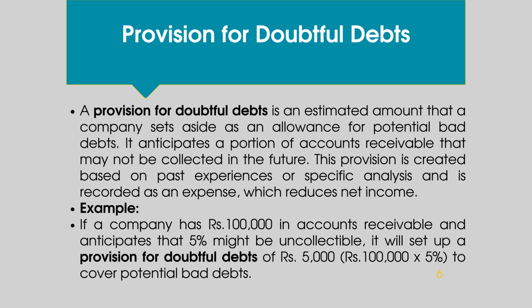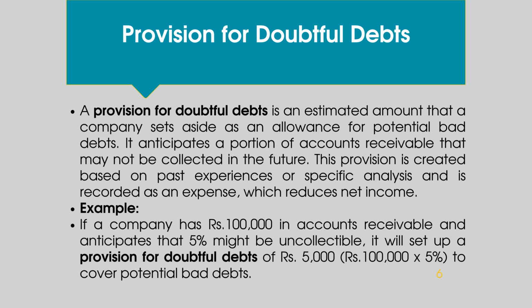For example, if a company has rupees 1 lakh in accounts receivable and it anticipates that 5% might be uncollectible, it will set up a provision for doubtful debt of rupees 5,000, that is 1 lakh's 5%, to cover potential bad debt.